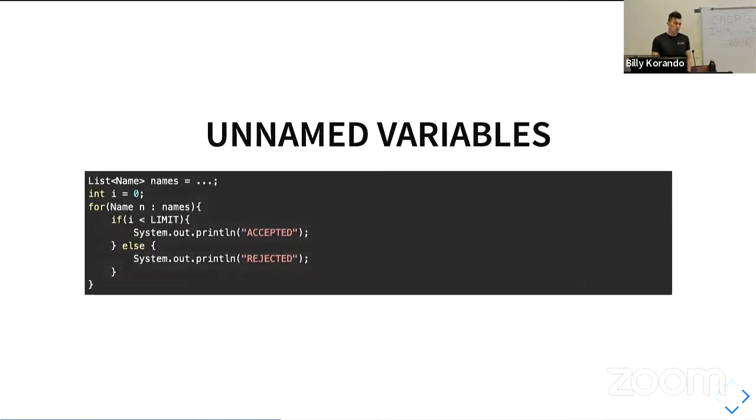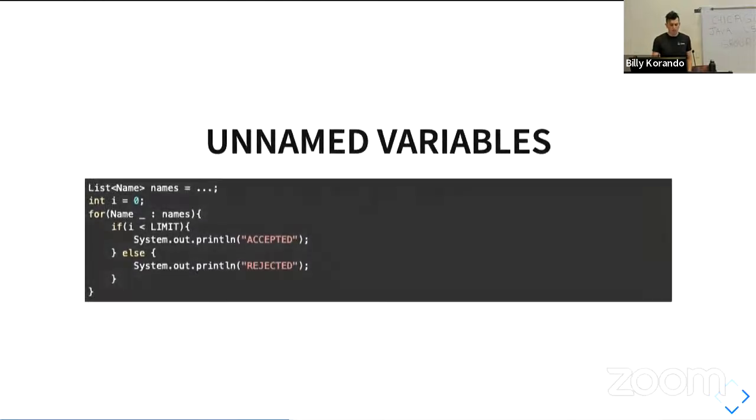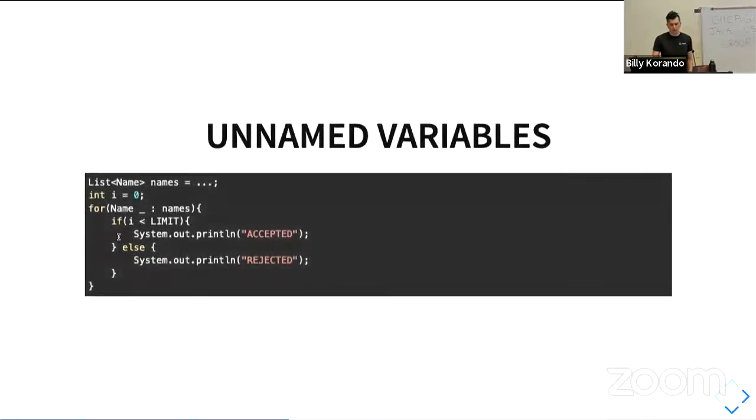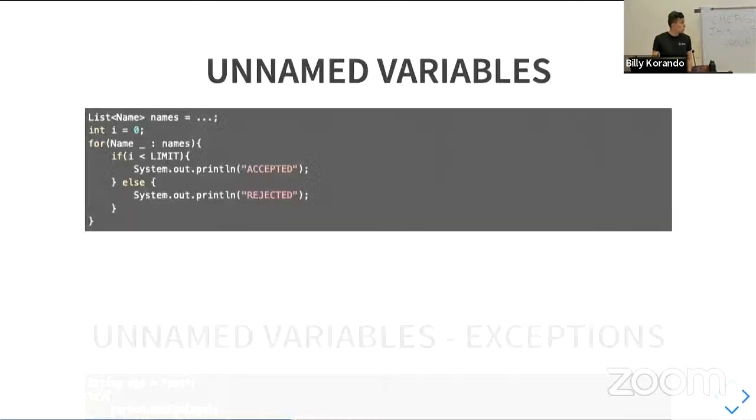Unnamed variables aren't just limited to patterns, but can also be for other variables. So here, I'm doing an enhanced for loop across names, but for whatever reason, I'm not going to actually reference the name itself. So I can just replace that with an underscore.